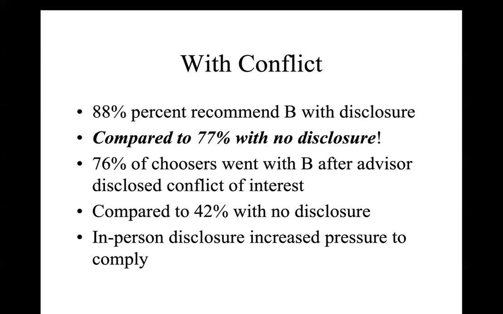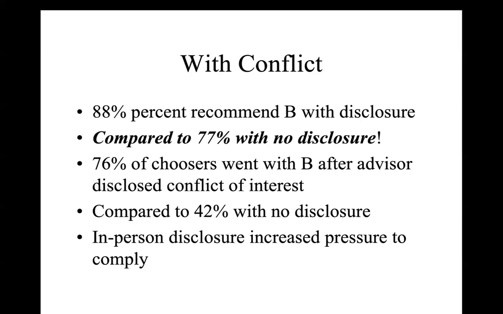All right, so that's a problem. It went from, it doesn't really matter to me whatsoever, I'm just going to choose what's best for you, to all of a sudden it has an impact on me. And because I get to disclose, I feel pretty comfortable. I told you so, right? I feel pretty comfortable making a suboptimal recommendation.